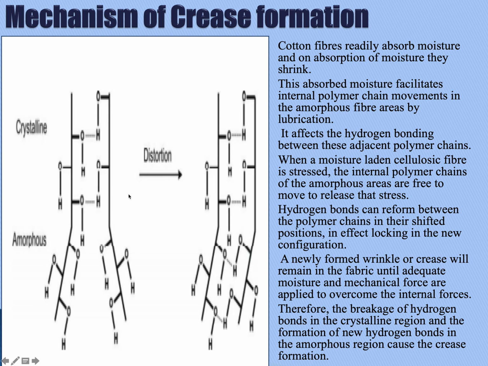Now let's see the mechanism of crease formation, basically how the crease formation takes place. In the textile structure, we know that there are crystalline and amorphous regions. When we take the example of cotton fabric, when it is subjected to washing or exposed to water, what actually happens in the internal structure?